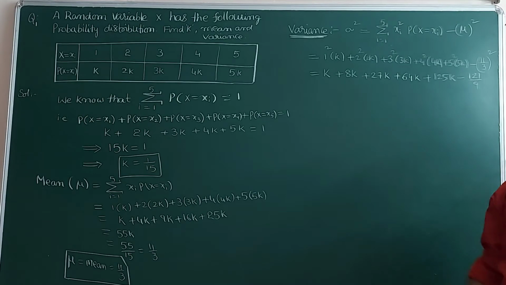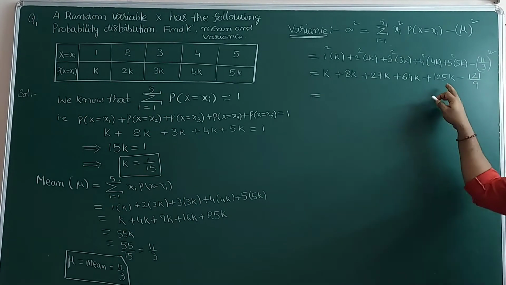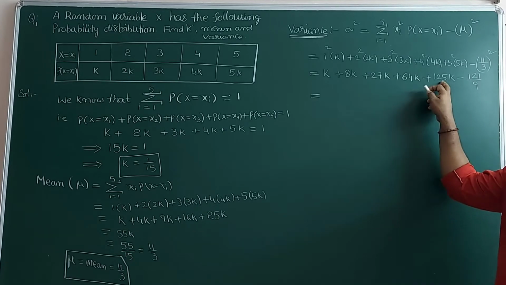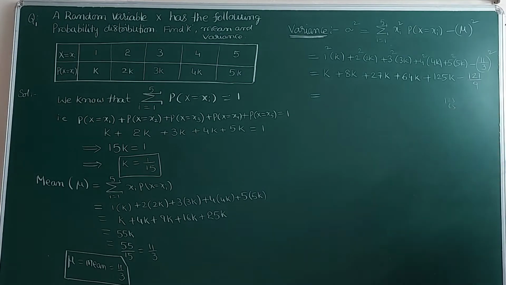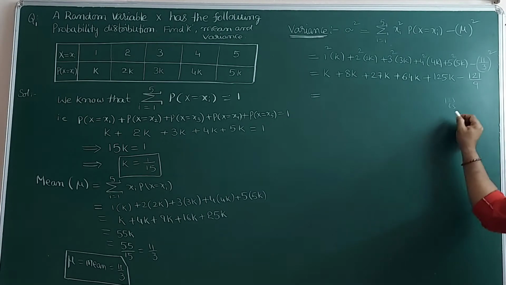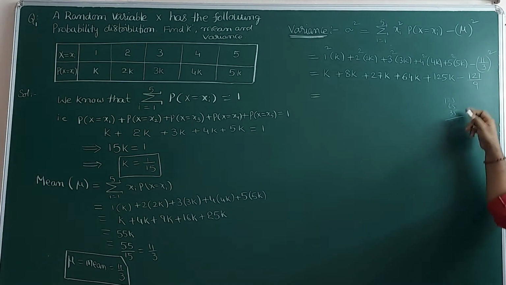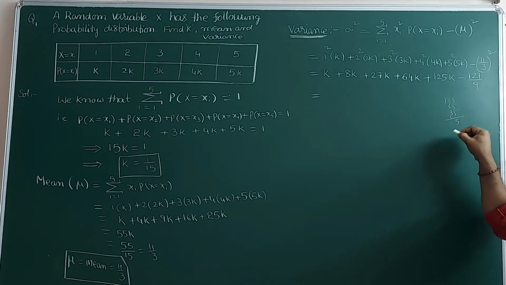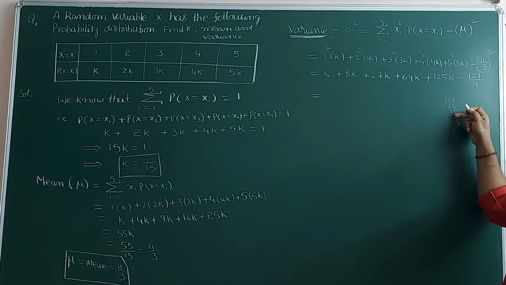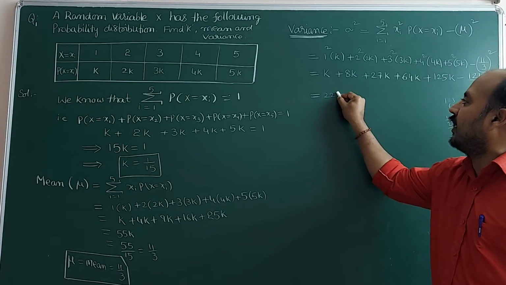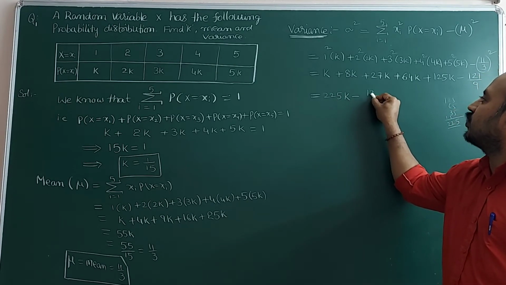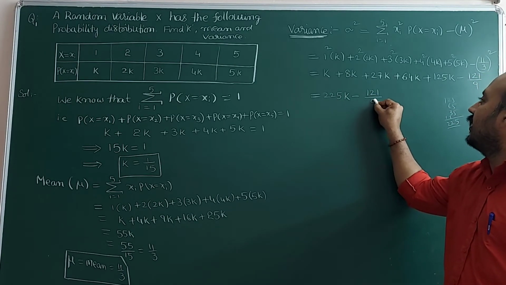Now we will calculate these values, which is equal to 125 and 64 plus 1, 65... 27 plus 8, 35... 8 plus 4, 12. So 225k minus 121 divided by 9.